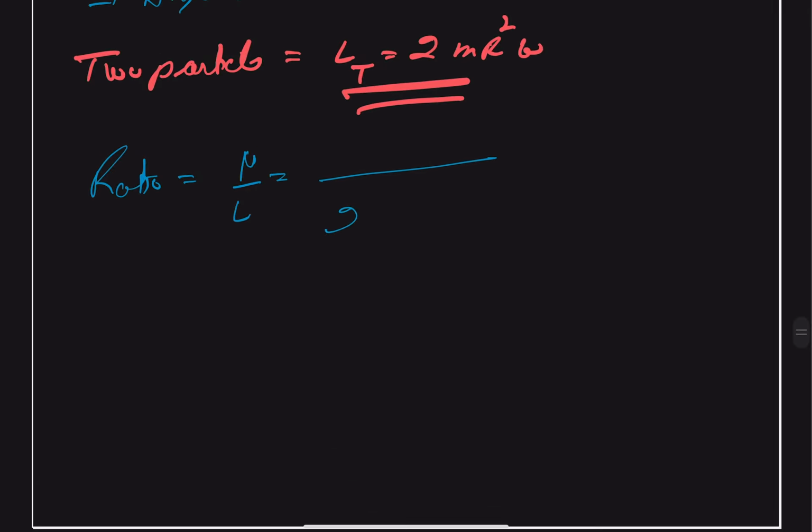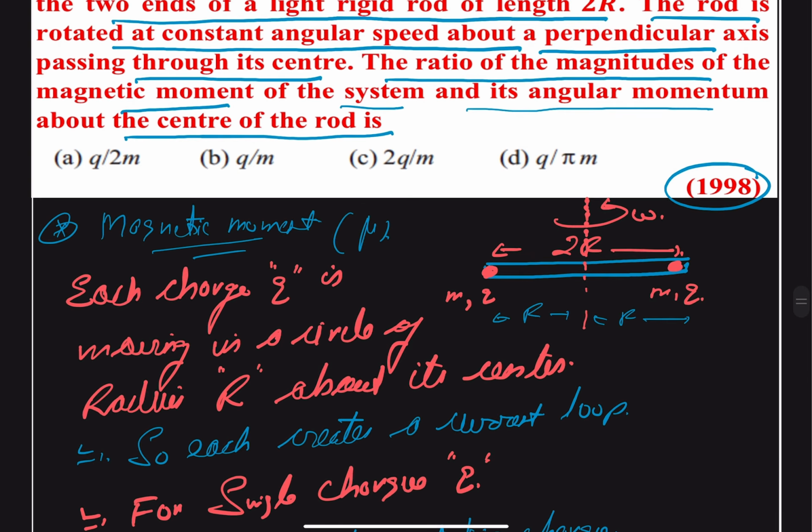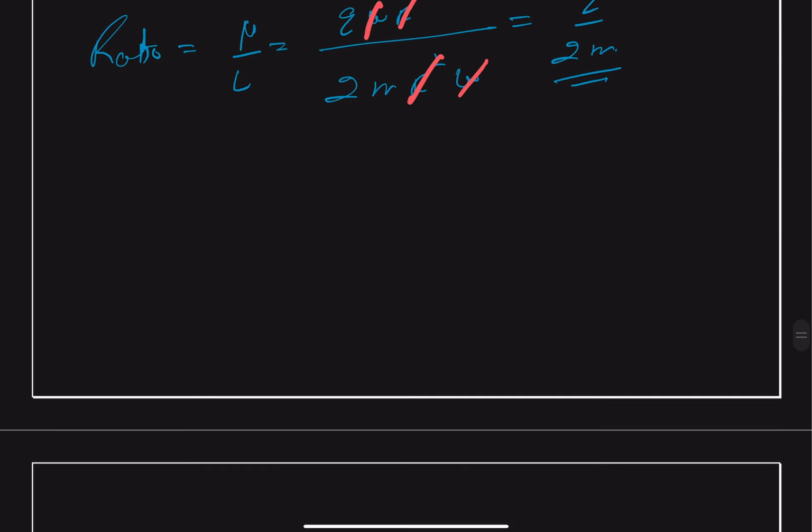So the ratio is equal to mu upon L. This is equal to q omega r square upon 2 m r square omega, and r square goes away, omega cancels out, so this comes as q upon 2m. So option number A is the correct one.